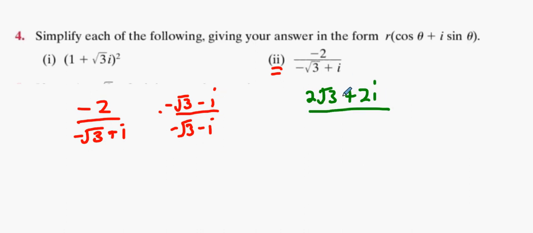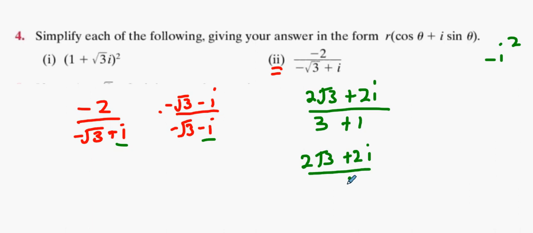Everybody cool with that on top? And on the bottom, what's root 3 by root 3? 3. The middles cancel, don't they? How do I know the middles cancel? Yeah, because they're conjugates. And what's minus i squared? So would everybody agree with 2 root 3 plus 2i all over 4?